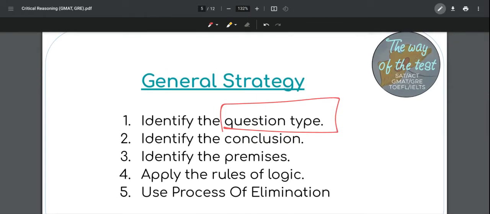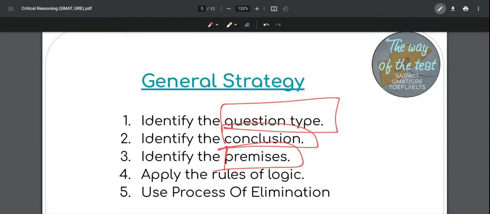The second thing, we want to identify the conclusion and then identify the premises. So remember every single prompt or every single question has a conclusion and premises. Sometimes the conclusion is not part of the prompt. So sometimes you won't be able to identify the conclusion because basically they're asking you for the conclusion, for example, in the inference question. But remember, again, this is just the general strategy.